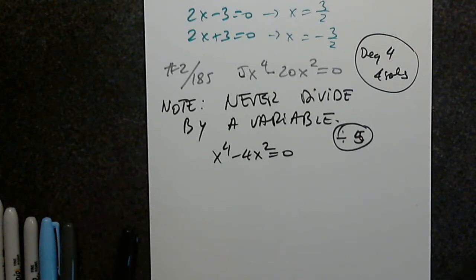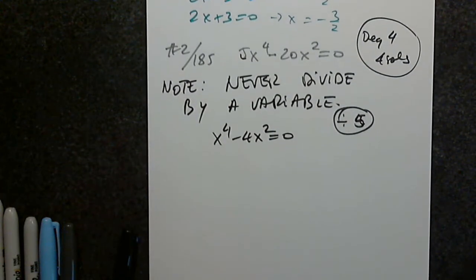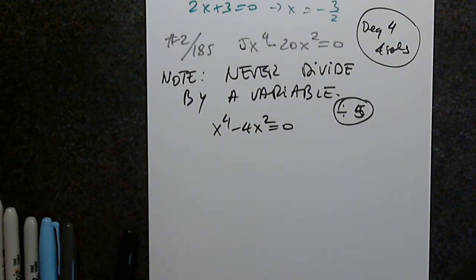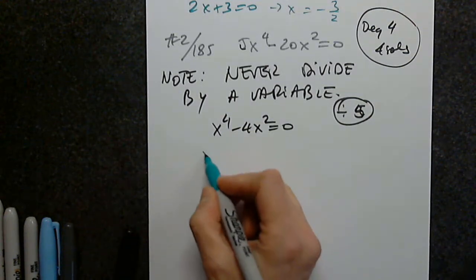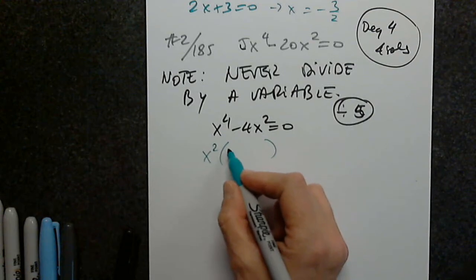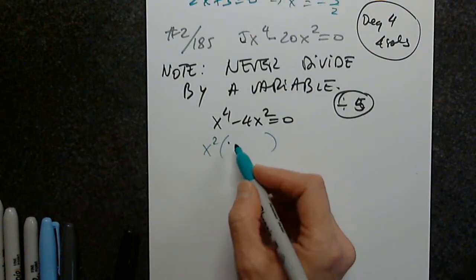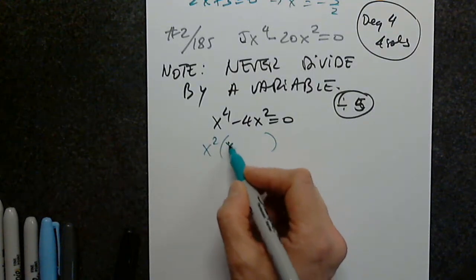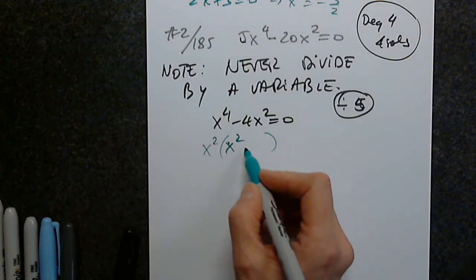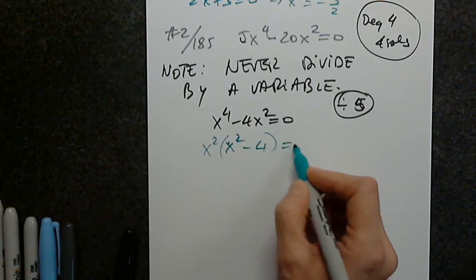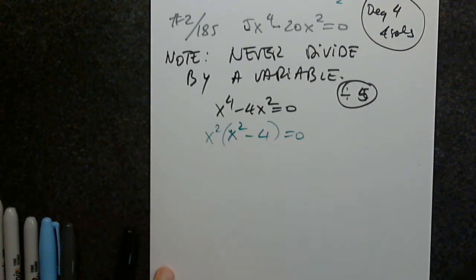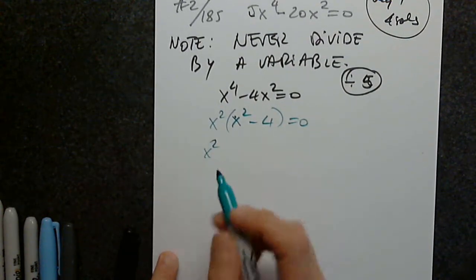It's in descending order. Greatest common factor? Yes, which is? Indeed. So what is left in parentheses? x squared minus 4. Excellent. I have to continue with x squared minus 4.